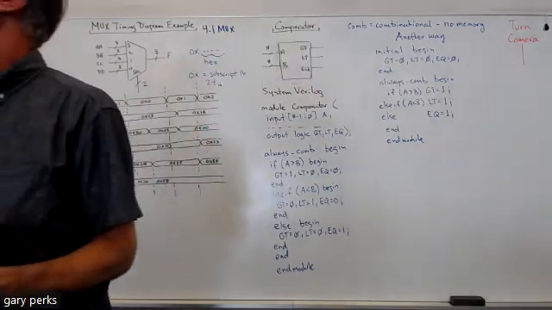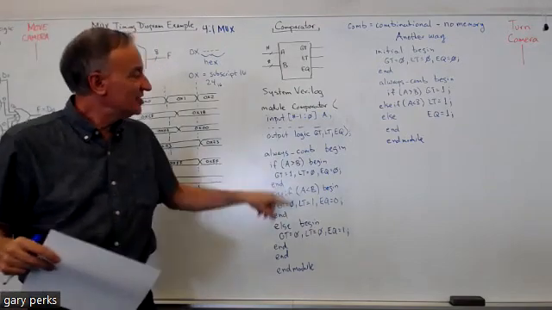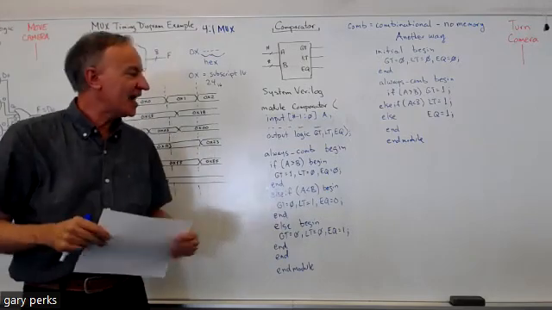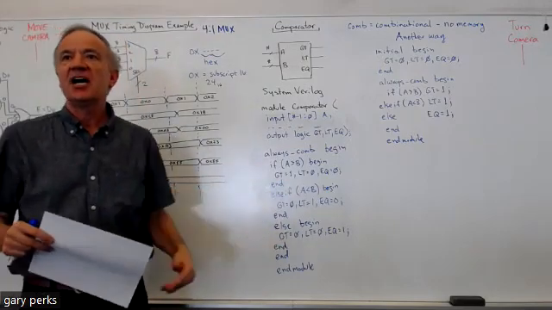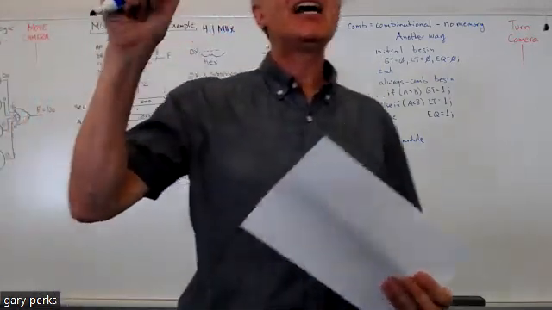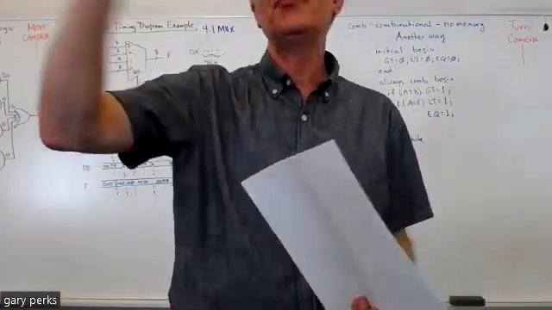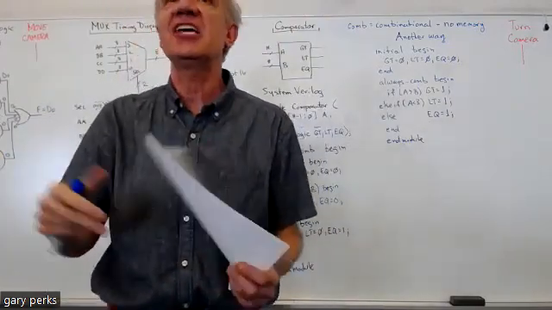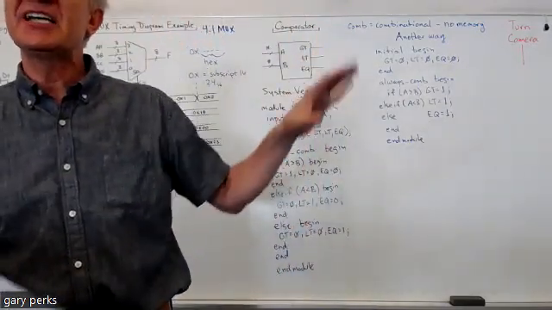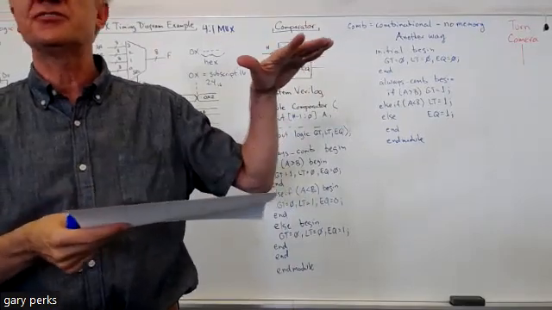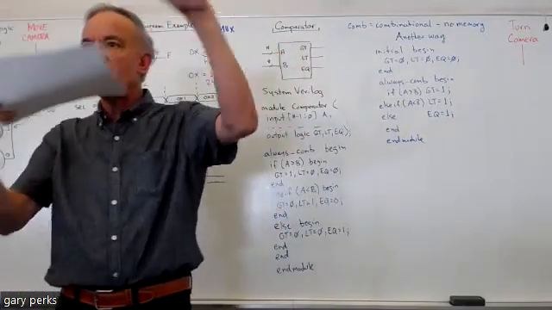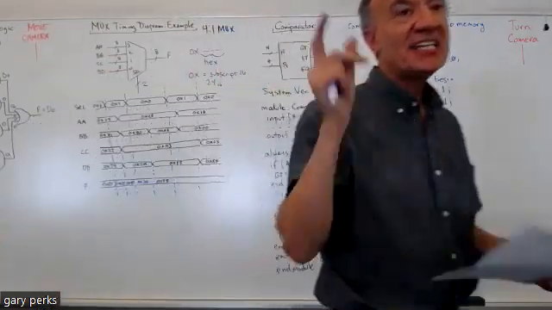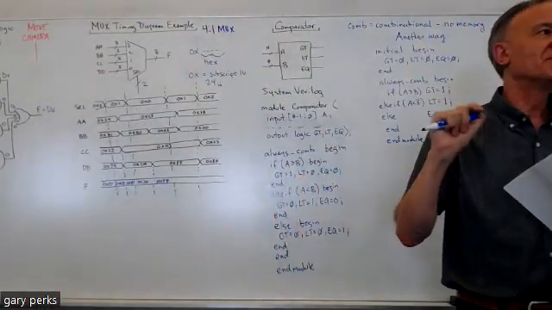Well, assigns cannot go within an always_comb block. Assigns have to be outside an always_comb. Typically assigns are in the structural model where you're making the connections. Typically you don't put assigns in lower level modules, although you could. You see it in the top module, the structural model, where you're making all the connections. But they definitely can't go within an always_comb.